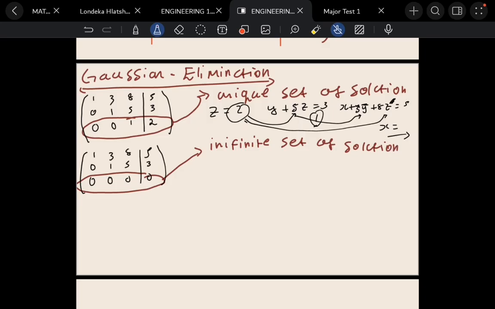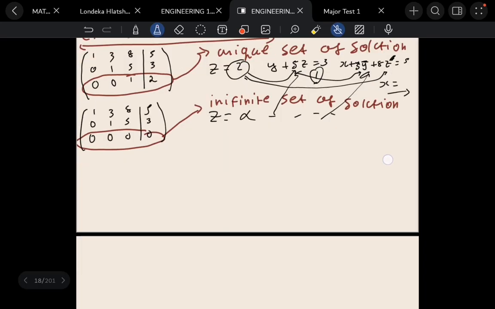Because our last row corresponds with a particular variable, we say here z is equal to alpha. We let z equal alpha to give us a free variable to solve for the other variables that you saw here, right?